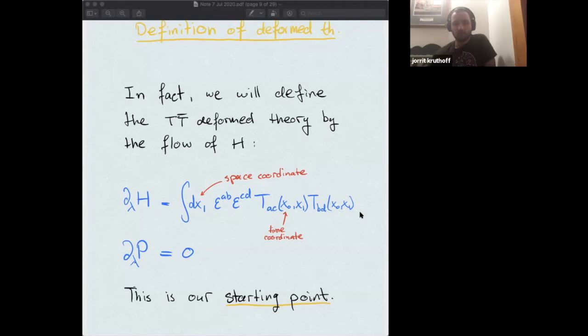That's right. That is certainly true, and I agree that this TTbar operator as an operator on its own is well defined, precisely because of all these properties that were shown by Zamolodchikov. And I think it's only when you take the expectation values in energy eigenstates that you can drop these derivative terms.